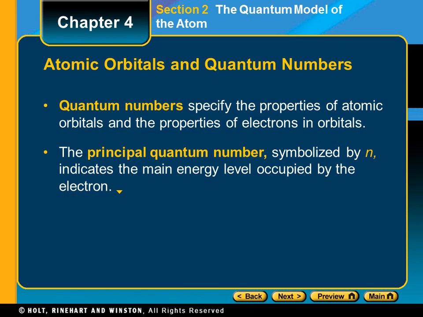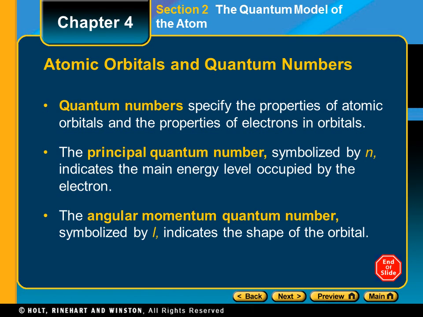Okay, and when you draw these in one-dimensional space on your paper or on a board, they look like orbits going out in concentric circles from the nucleus of the atom. The next thing we talk about is the angular momentum quantum number. That's symbolized by l, and that indicates the shape of the orbital. So we can have the main energy level, 1.